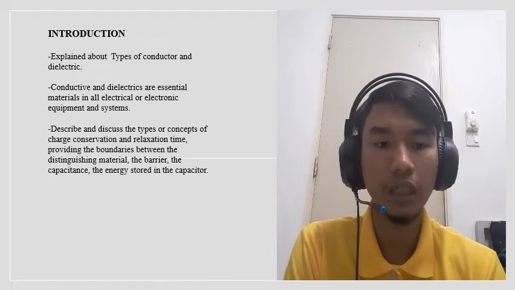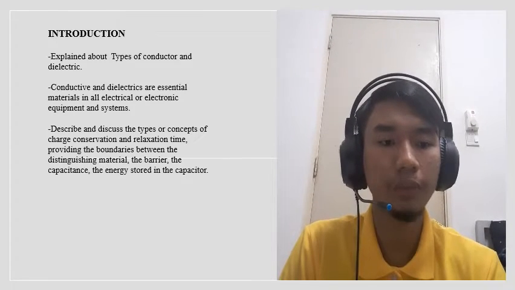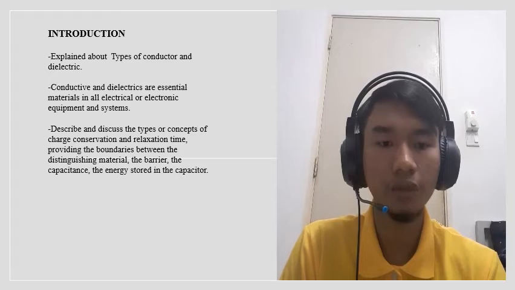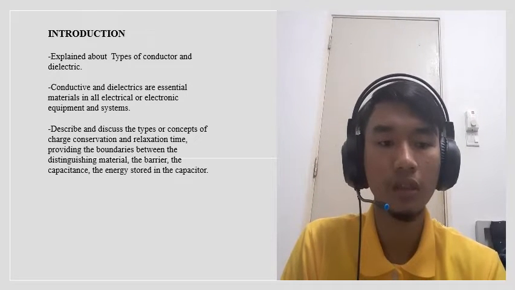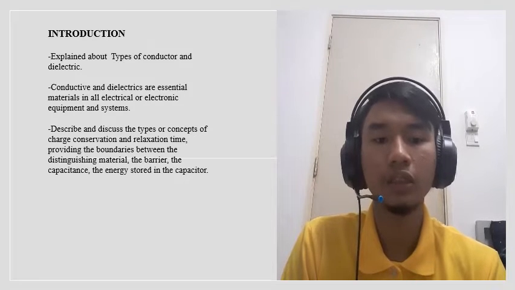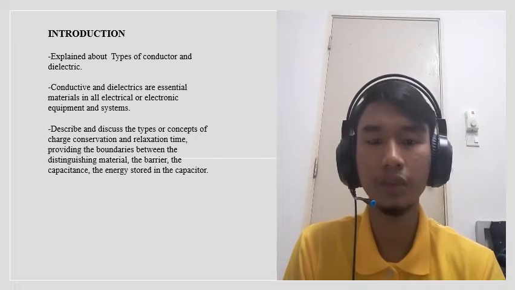Both of these types of material, conductivity and dielectric constant, depend on the intrinsic properties of the material. If this material is not made properly, it will cause severe damage to electrical equipment or electrical and electronic systems. Okay, thank you.